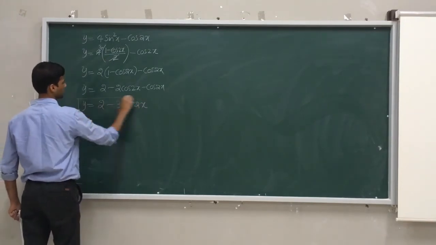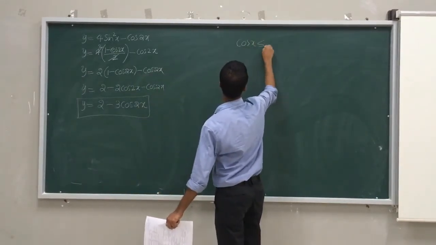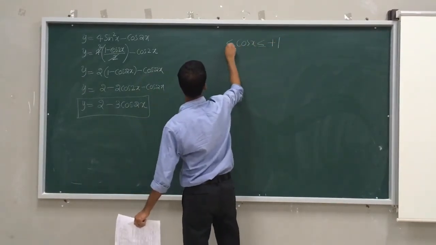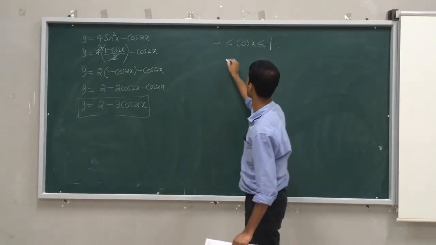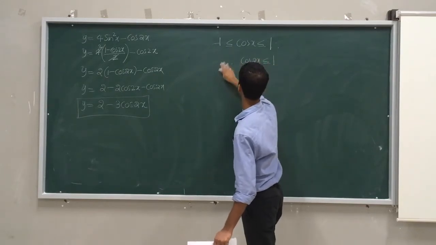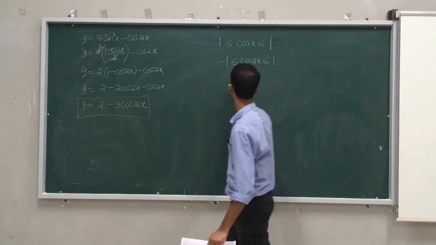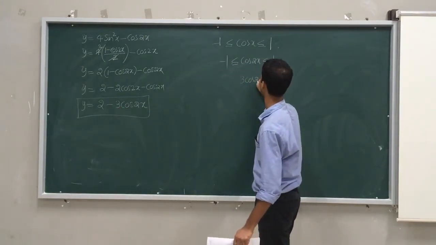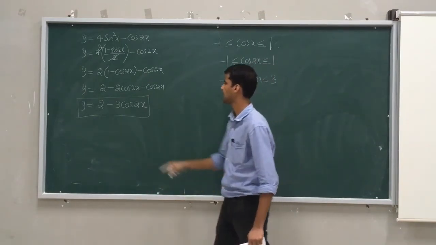Now I need to find the maximum value of this. I know that cos x lies between plus 1 and minus 1, which implies cos 2x also lies between plus 1 and minus 1. Now I need to multiply by 3, so 3 cos 2x lies between minus 3 and 3.